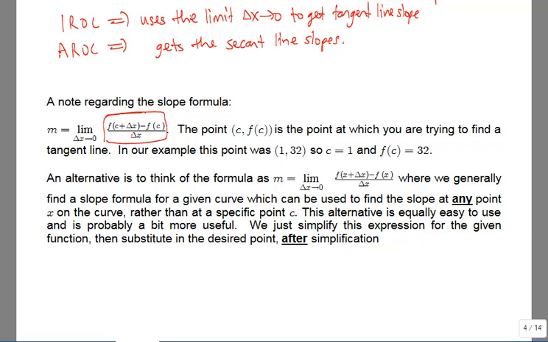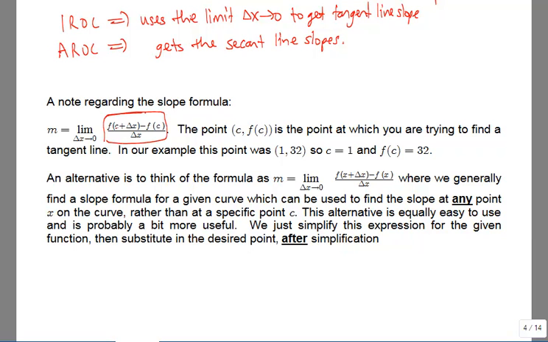So in this notation right here, the point c comma f of c is the point at which you are trying to find a tangent line. So in our first example, that was 1 comma 32. So the c would be the 1, and the f of c would be the 32. Okay? Now, an alternative way to think of this is instead of using a specific point, c comma f of c, we could just use a general point, x comma f of x.